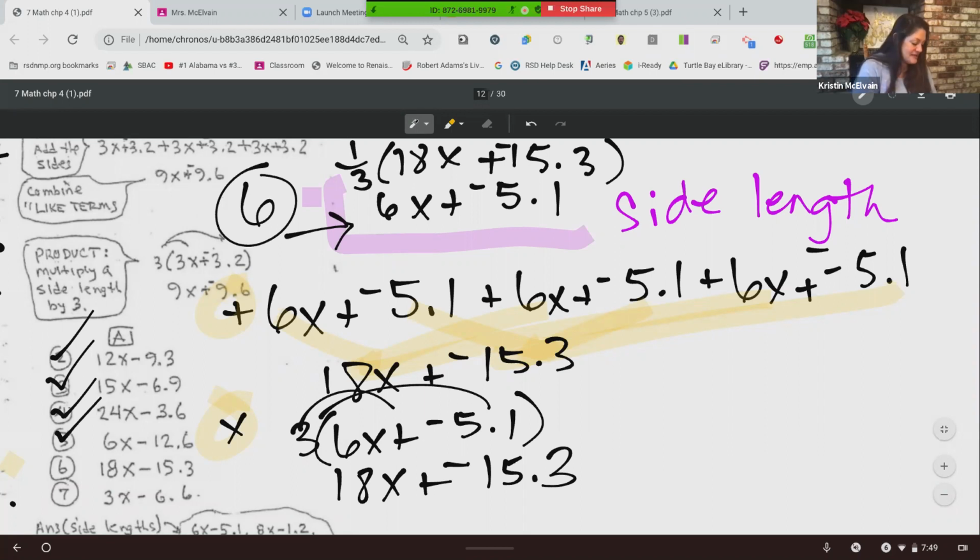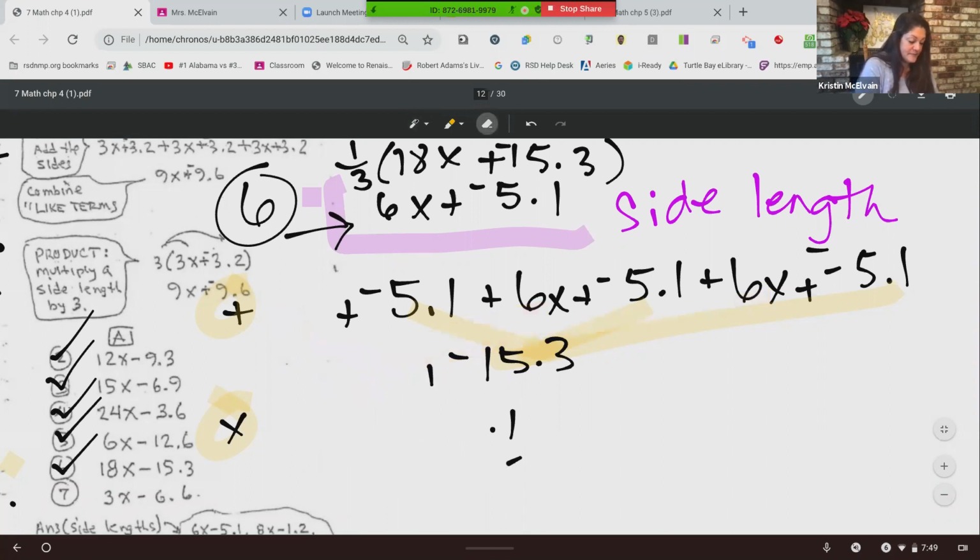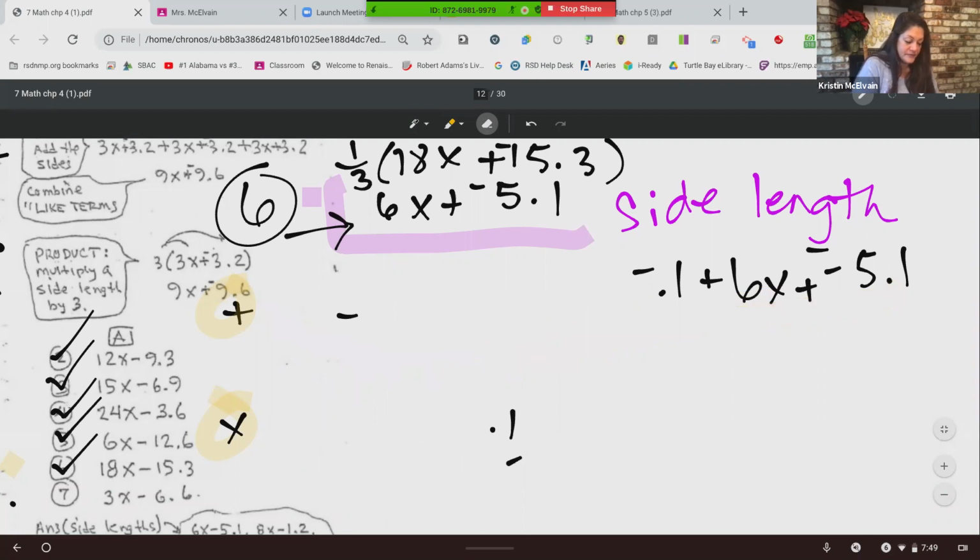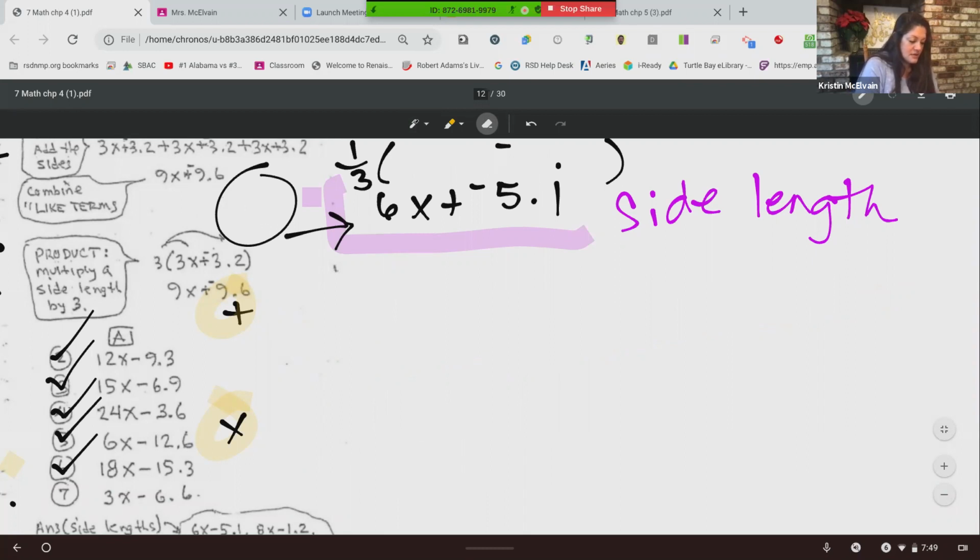All right. Brings us to number 7. We have 3x minus 6.6.